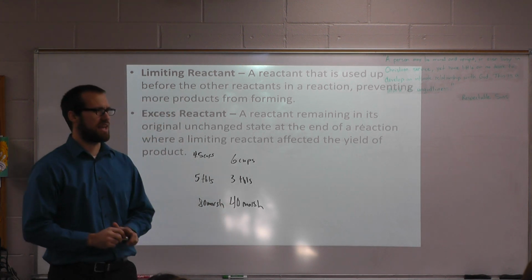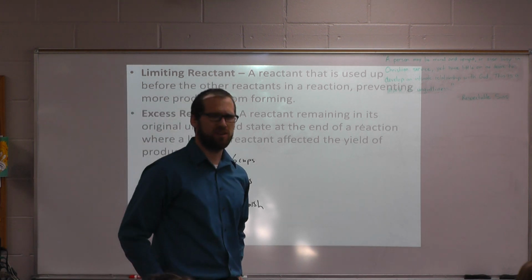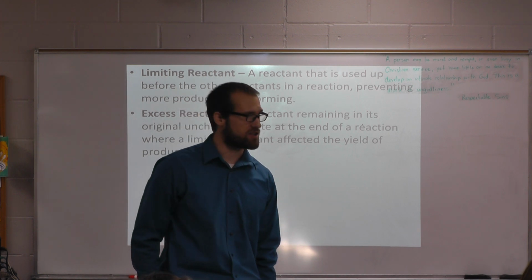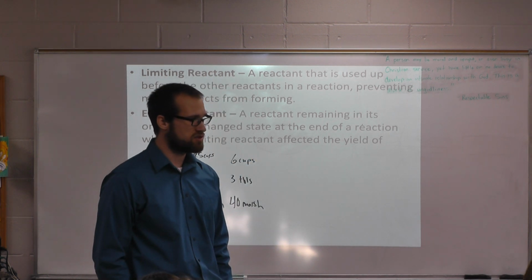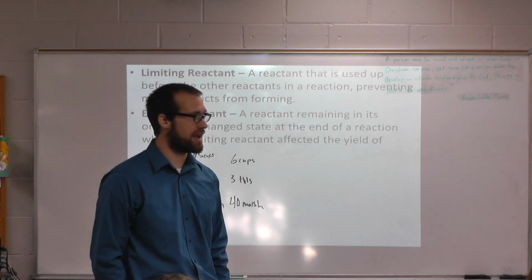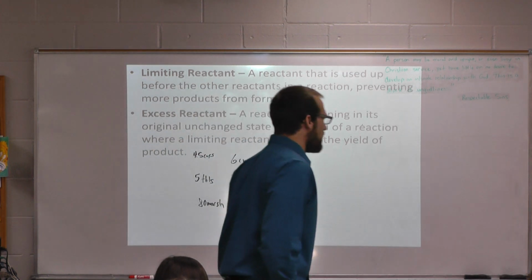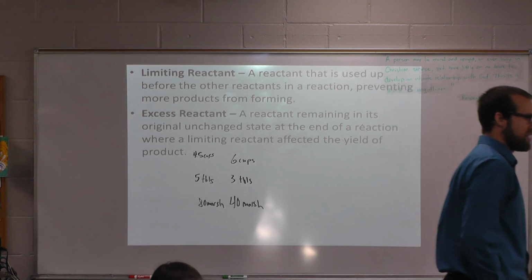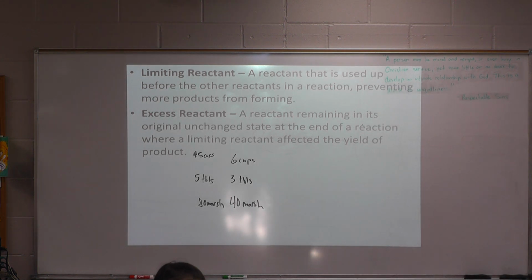From a marshmallow standpoint, aren't I going to be able to make 48 Rice Krispie treats? If you just think about it from the marshmallow standpoint, absolutely. And from the butter standpoint, I'm going to be able to make quite a bit more than 24. I don't know the exact ratio off the top of my head.